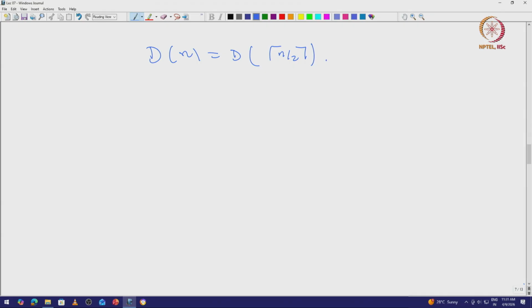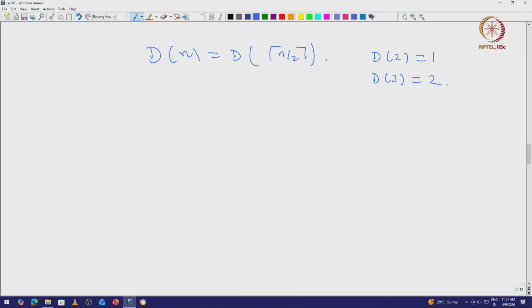Some differences are 2 and some differences are 1. It is equal to something smaller, but then there are 2 cases. So if you look into D of 2 equal to 1 and D of 3 equal to 2.